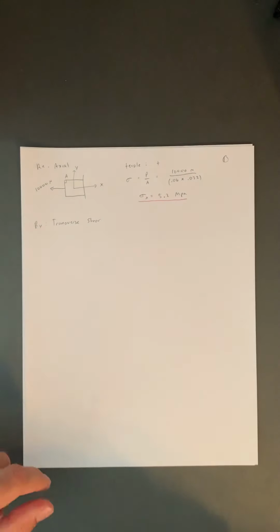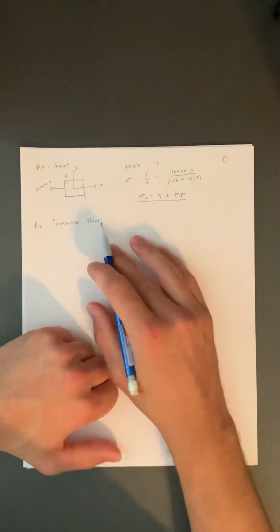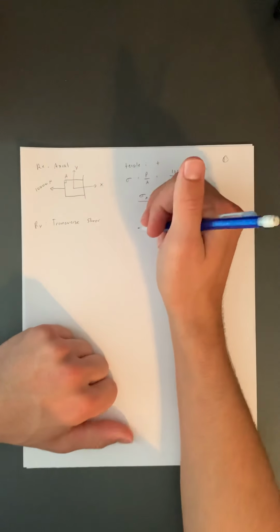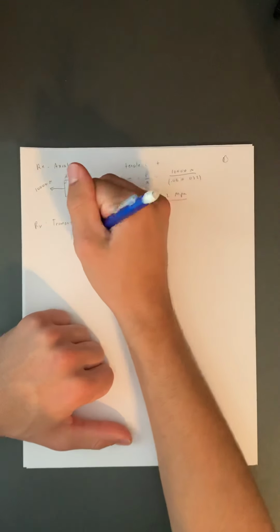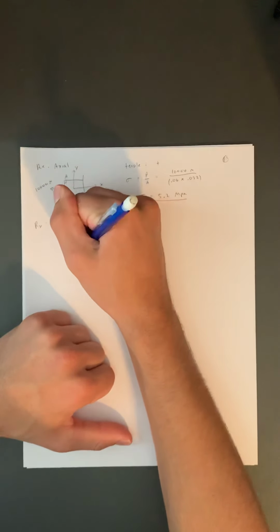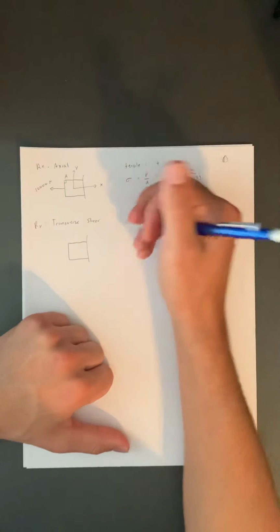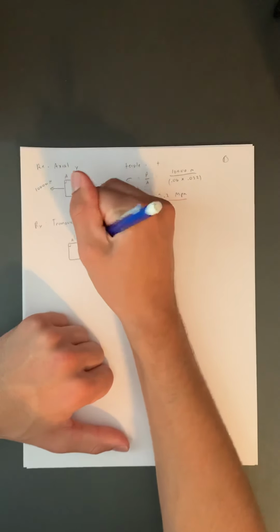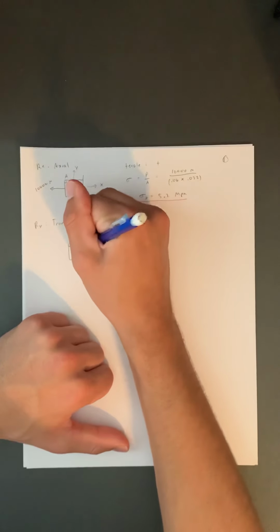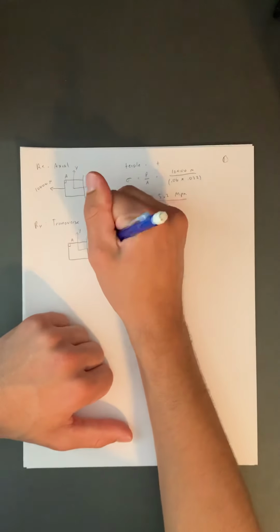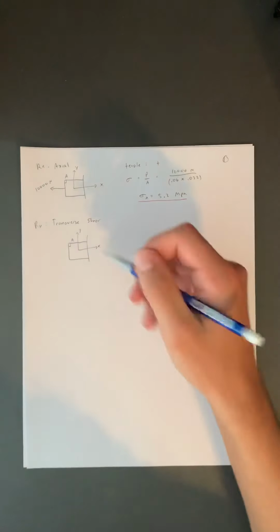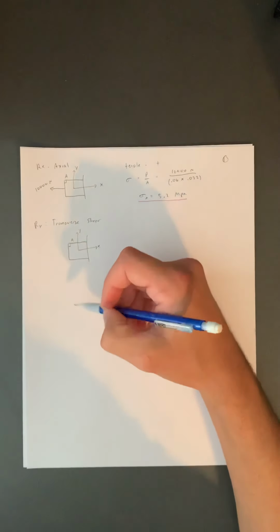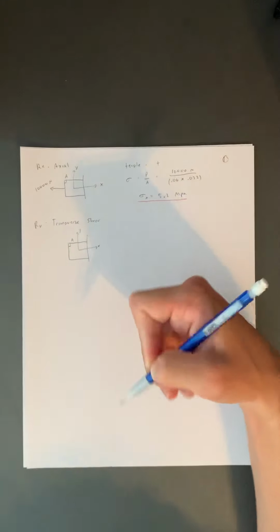So we're going to solve for the transverse shear at the point of interest A. This is done again by doing the same cut so that we can isolate A, so we don't have to look at the entire block. It is the same thing: A is going to be on top, Y is going to be up, and X is going to be here. For transverse shear, you look at the opposite lateral axis.